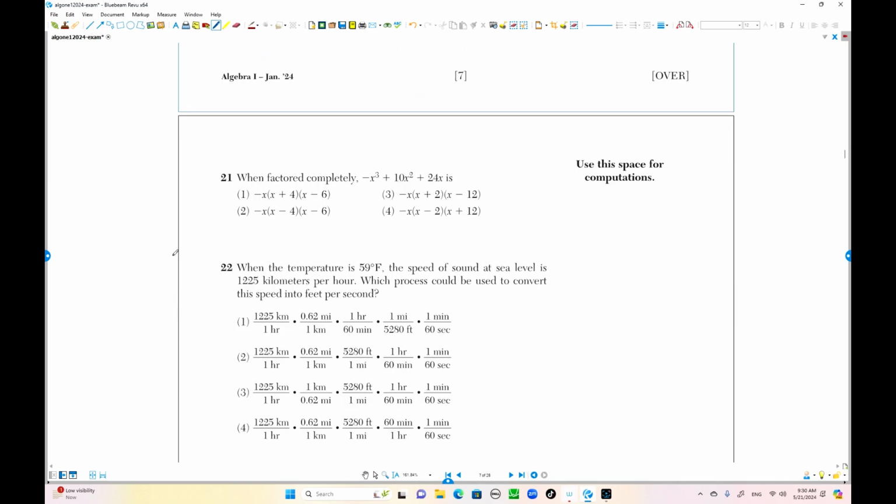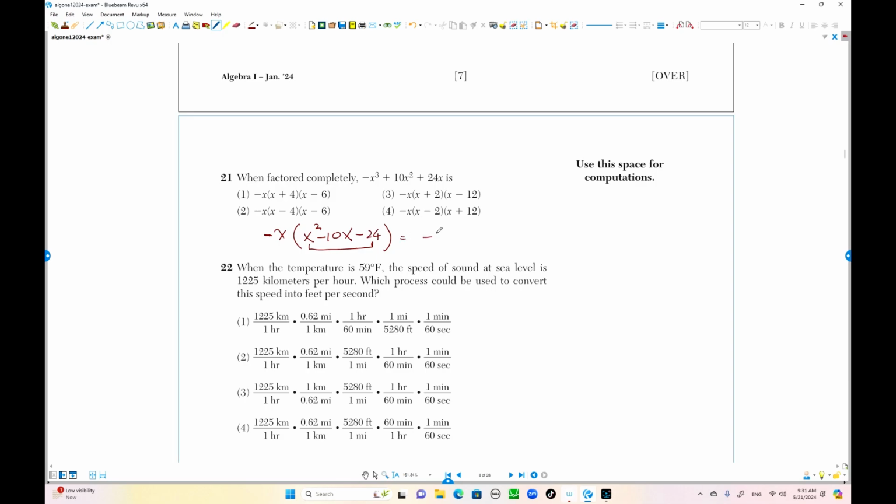All right, number 21, factor this one. Always factor out the negative x as a common factor because we have a negative sign, always negative, okay? If this is positive, you follow the sign over here. So inside is x squared minus 10x minus 24. So you can factorize this trinomial.